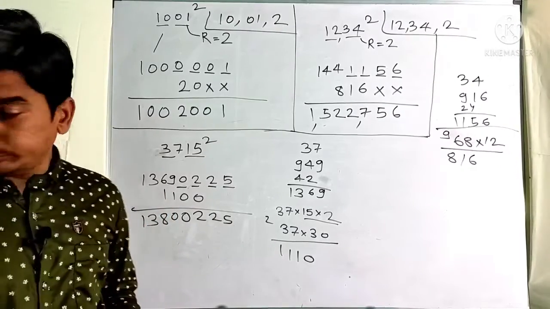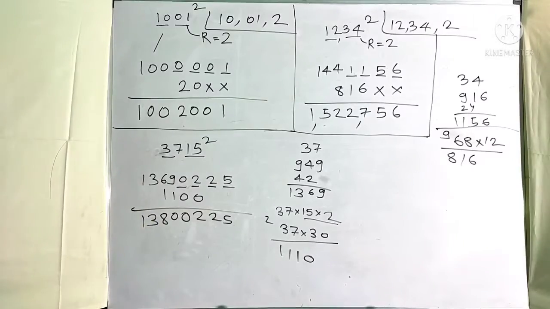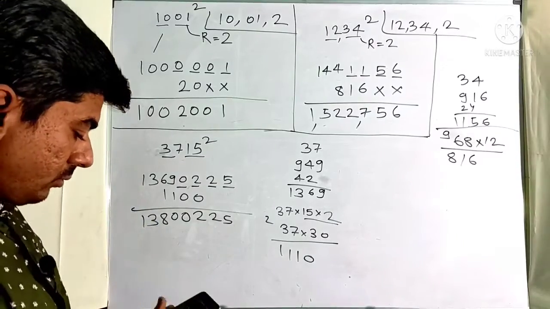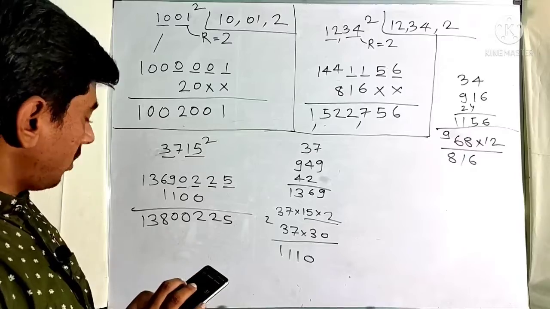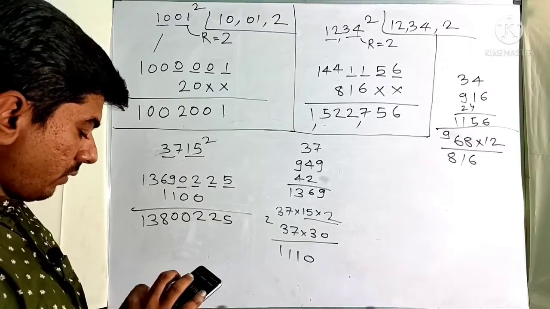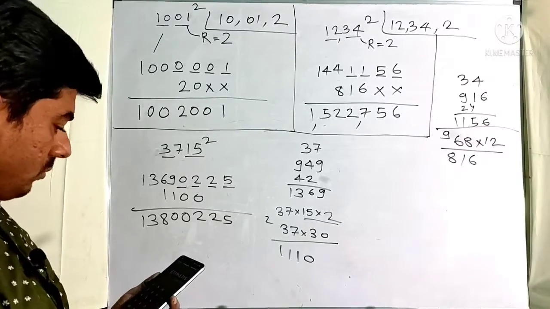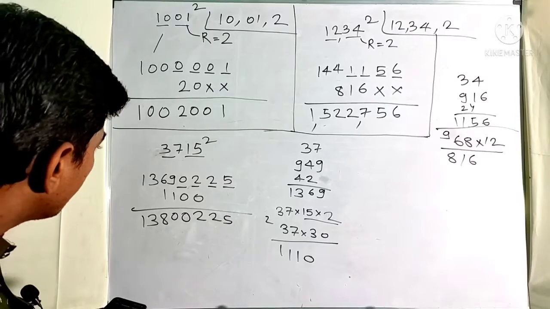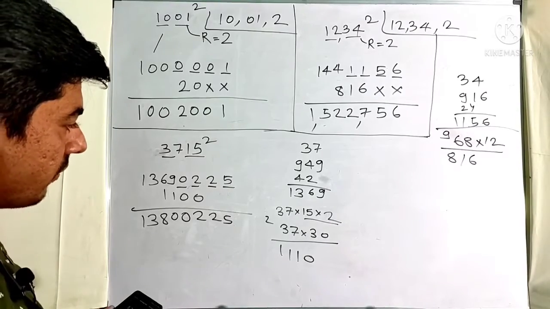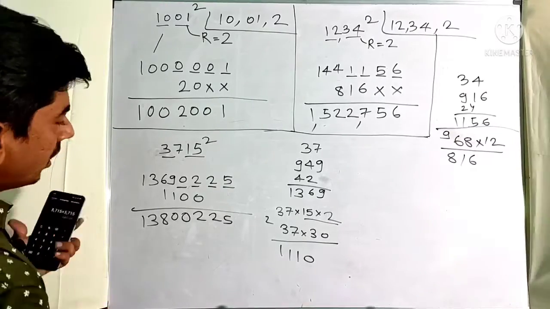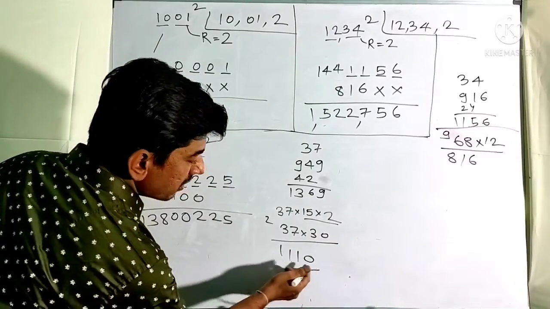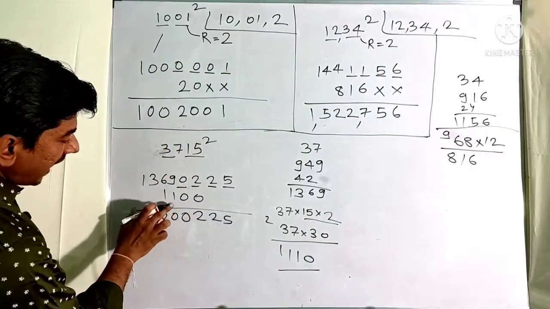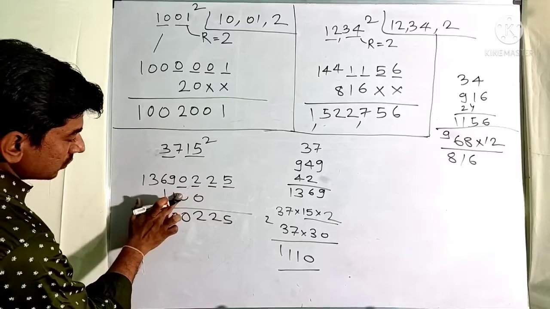Let's check the answer. 3 7 1 5 into 3 7 1 5. Any correction, friends? Sorry, here it is actually 1110. By mistake I have taken 1100.